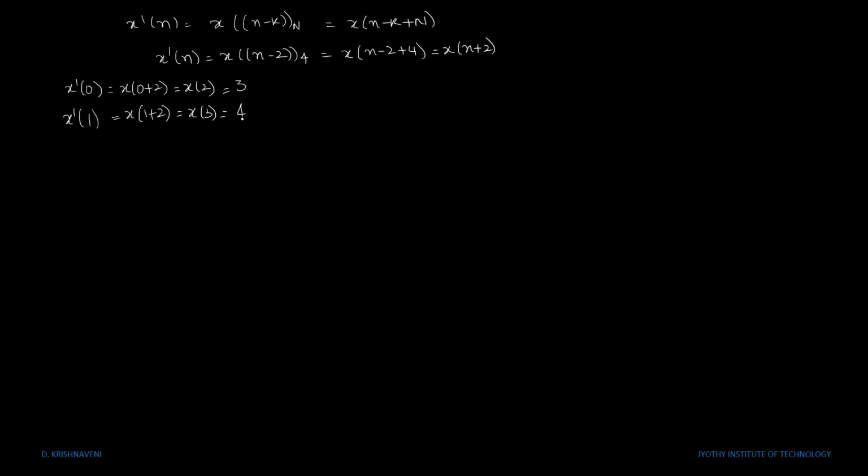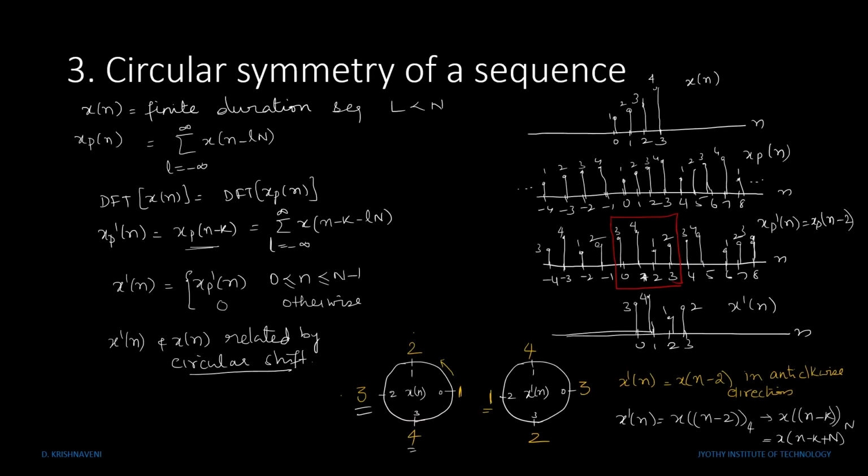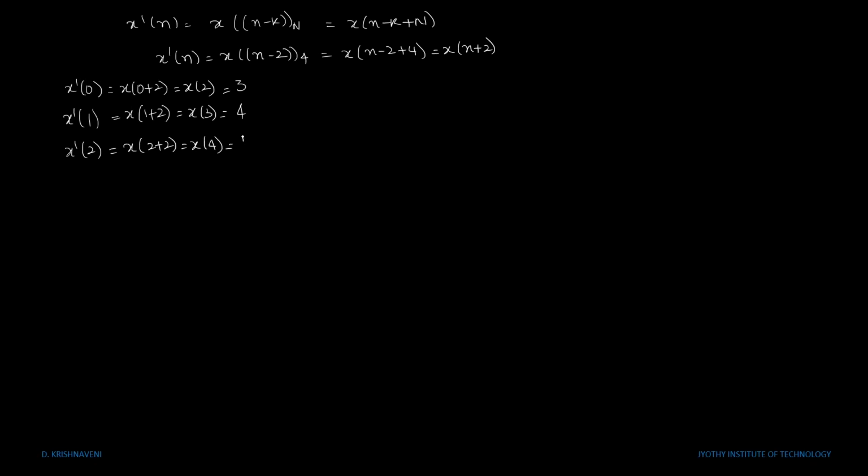So 4. Next, x dash of 2 is x of 2 plus 2, that is x of 4, and x of 4 is nothing but x of 0. It is circular, so x of 4 is equal to x of 0, that is equal to 1. And x dash of 3 will be equal to x of 3 plus 2, that is x of 5.